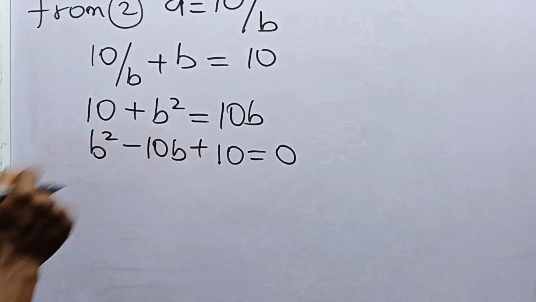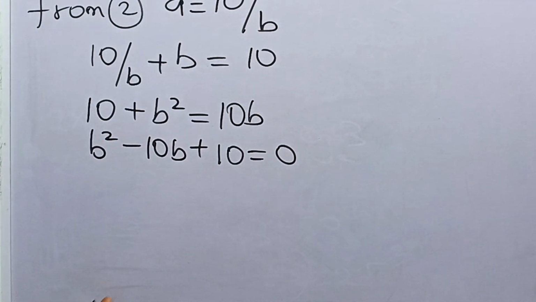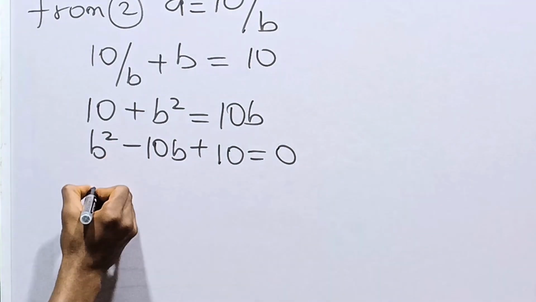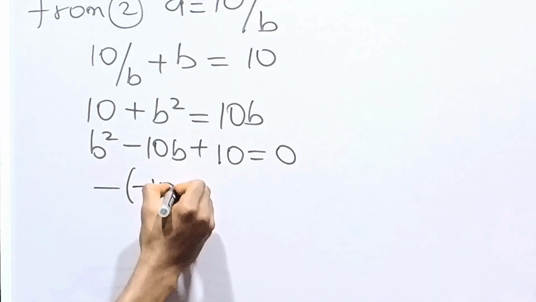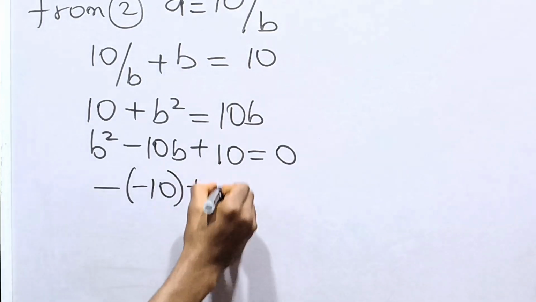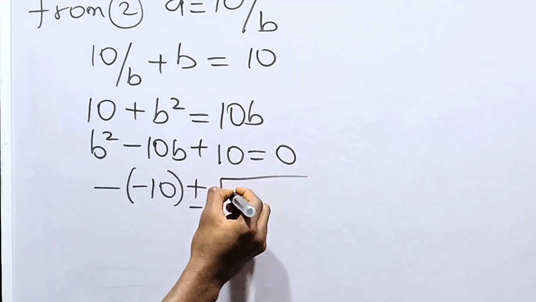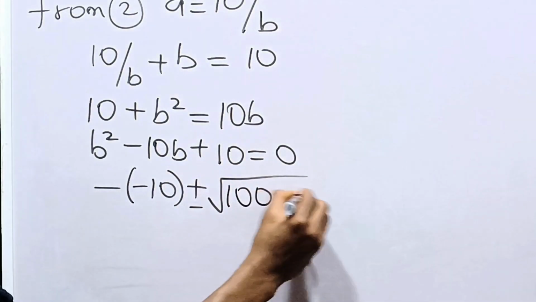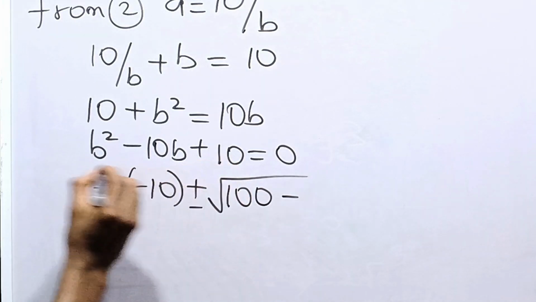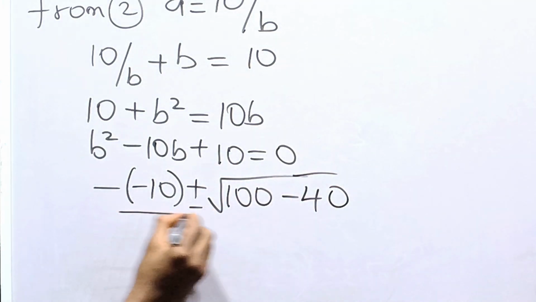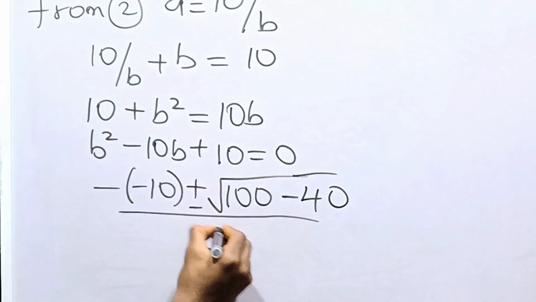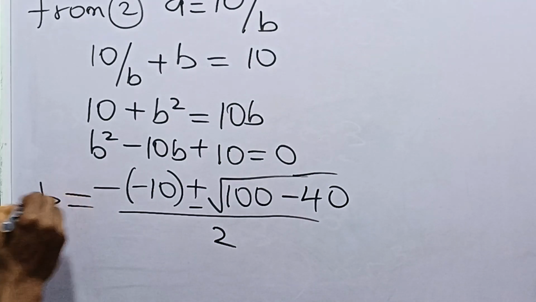This is a quadratic equation now. We're going to solve this quadratic equation using the quadratic formula. So we have minus times minus 10 is minus into minus 10, plus or minus square root of minus 10 squared is 100, minus 4 times 10 is 40 times 1 is 40, divided by 2 times 1, which is 2. This is equal to b.